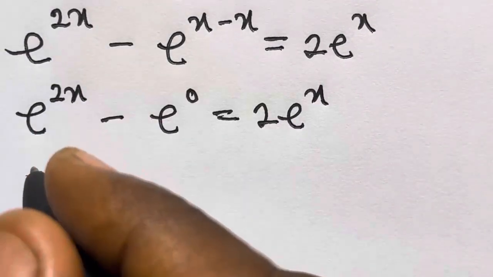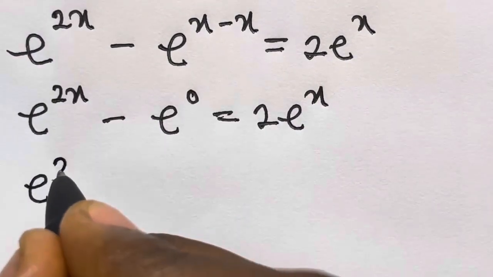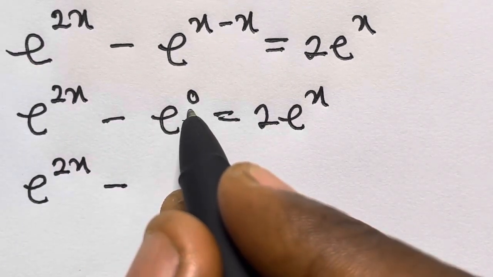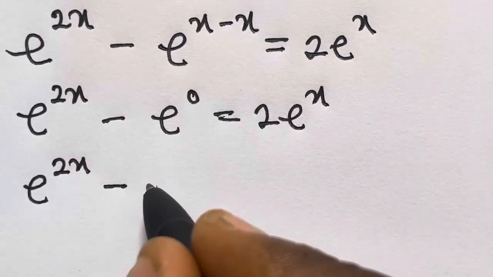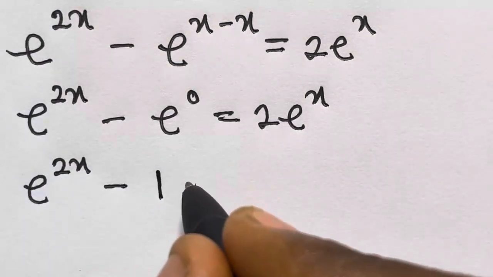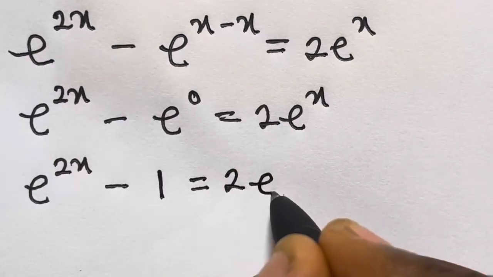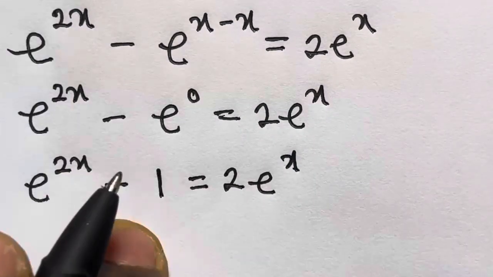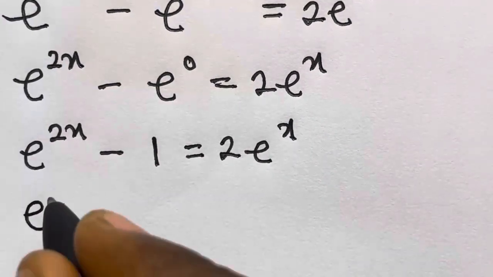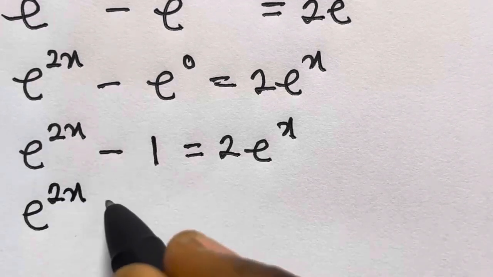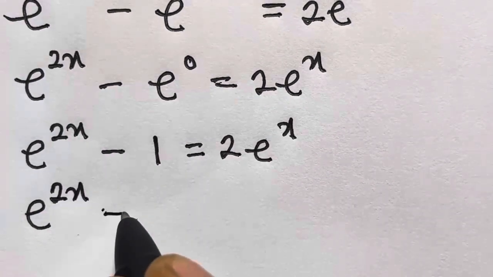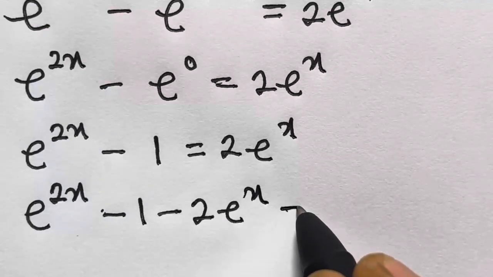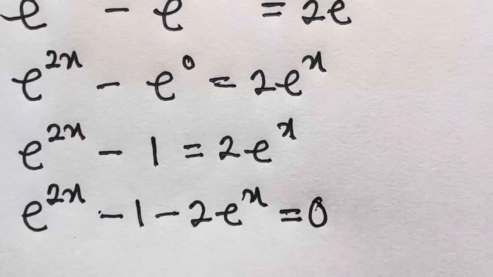So from here, we will have e^(2x) minus e raised to the power 0, like I said earlier, becomes 1. Then we have equals 2e^x. So if we transfer this here, we are going to have e^(2x) minus 1 minus 2e^x equals 0.